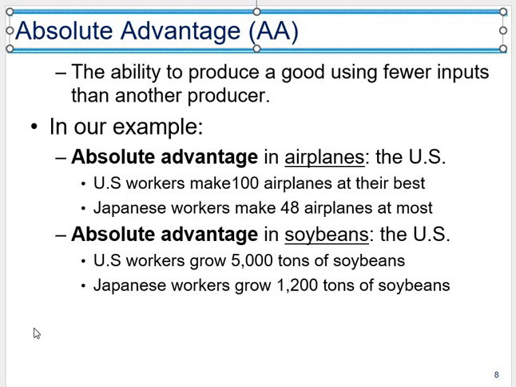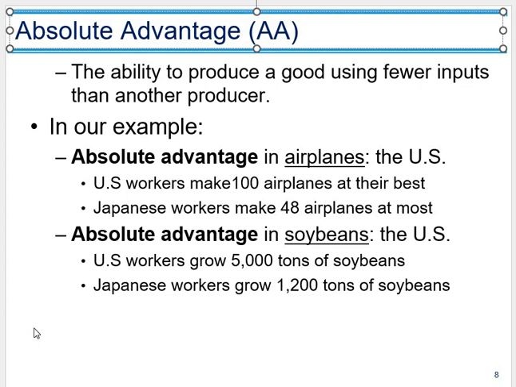Recall from previous slides, the US workers can make 100 airplanes at their best if everyone is working on airplane production. For Japan, they can only make 48 airplanes. Even though everyone is working on airplane production and no one is growing soybeans, they could still make less than the US. So in that case, we say the US has an absolute advantage in airplanes.